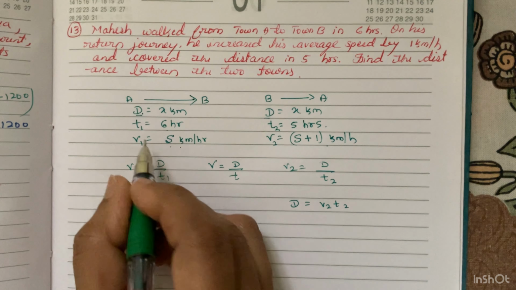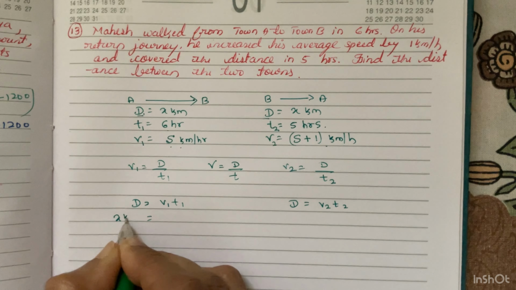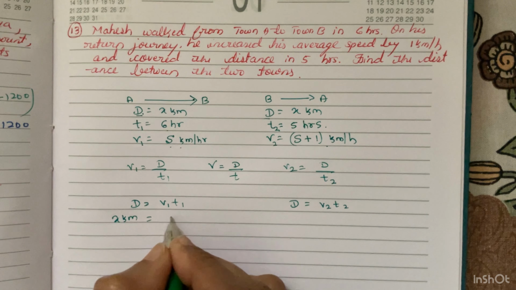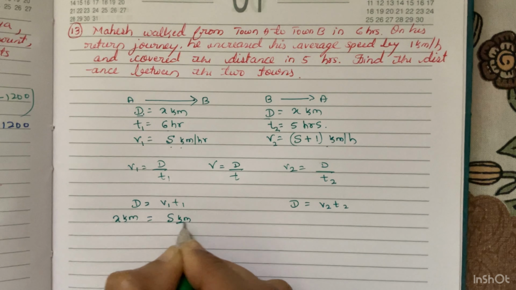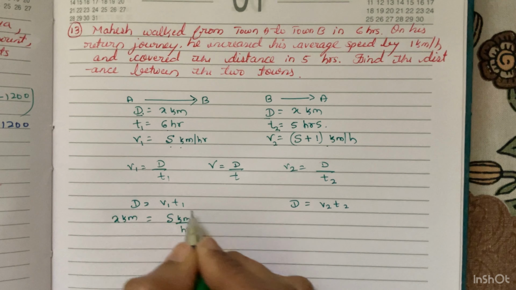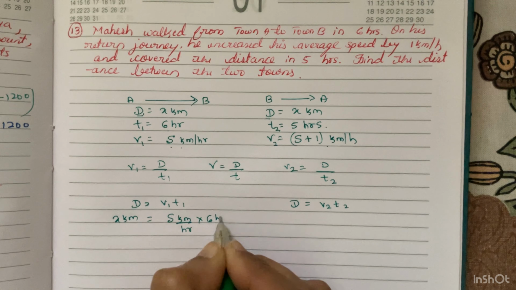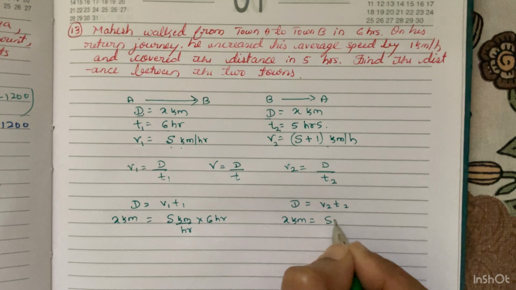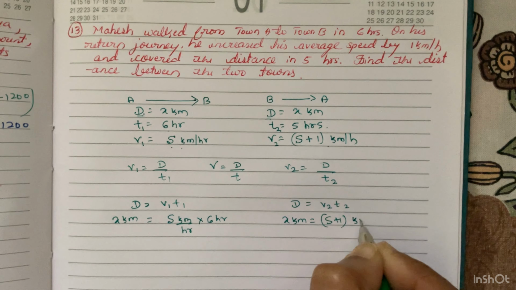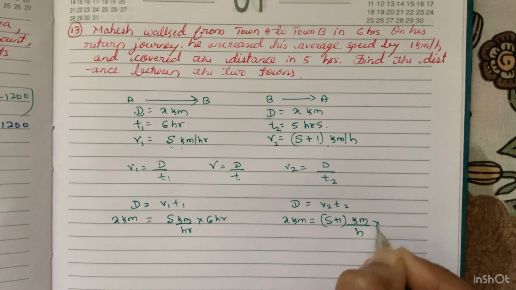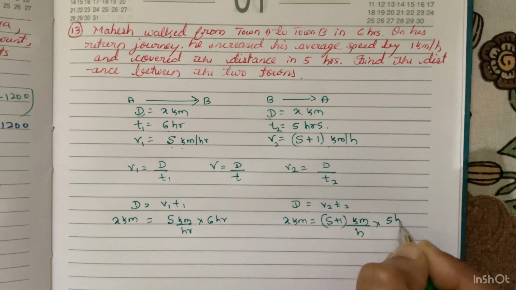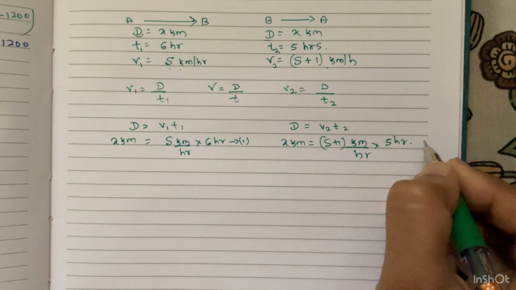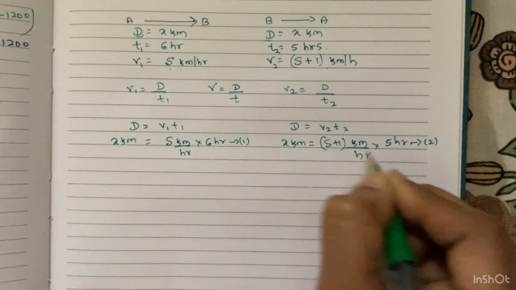Now see here, D is X kilometer, and V1 is S kilometer per hour, into 6 hours. And D equals V2, which is S plus 1 kilometer per hour, into 5 hours. Let me write equation 1 for this expression, and equation 2 for this expression.